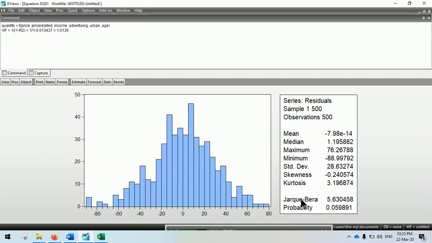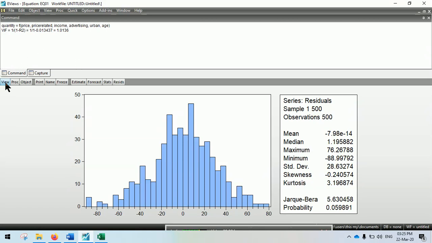Since my probability or p-value is greater than 0.05, it means that I cannot reject the H0 and I have to accept it. So H0 means error term normally distributed, therefore you can see in our graph, the data is normally distributed.